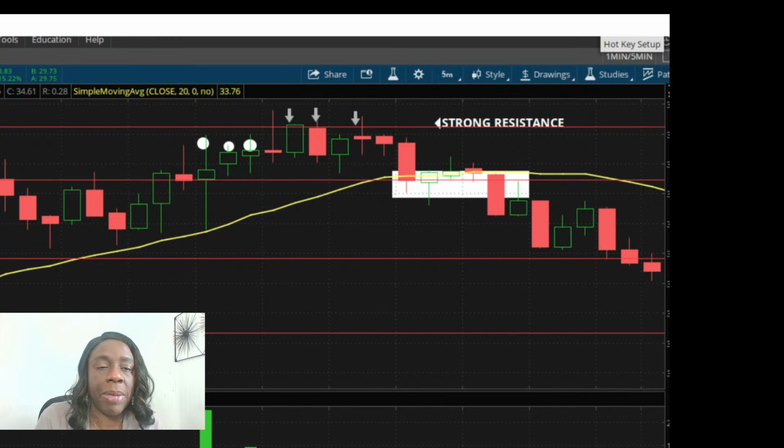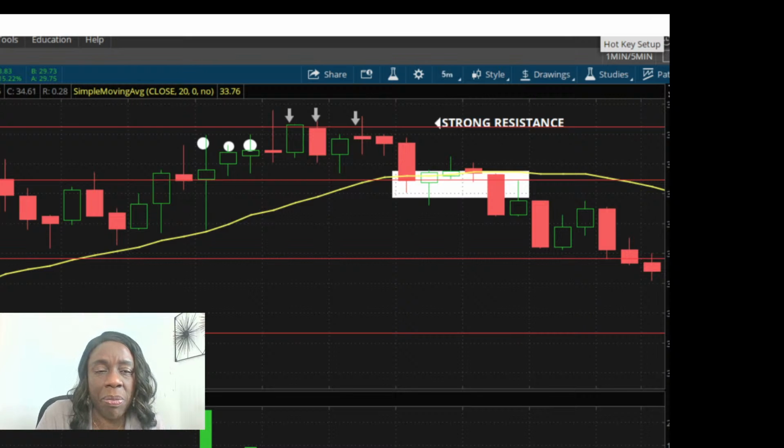So like I said, if I enter a trade at this point where price action with this candle has broken above support, you can see to the left of this huge green candle, price action had not broken above that line. So at that point, that line is a resistance.